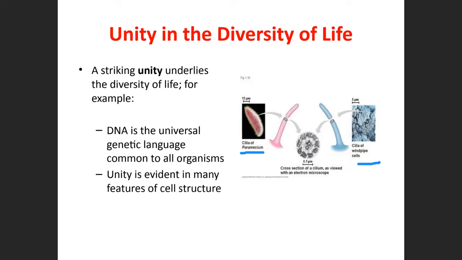What does that mean? That the DNA from these two different structures, the cilia that are found surrounding the Paramecium and allow it to move, and the cilia that are found around our trachea, they're genetically similar. What does that mean?